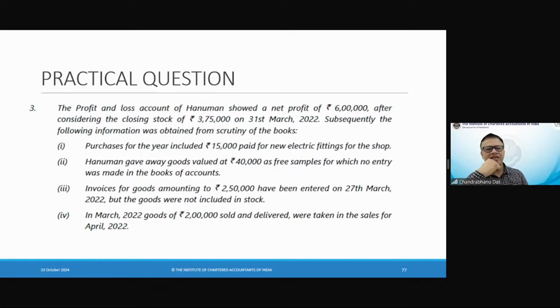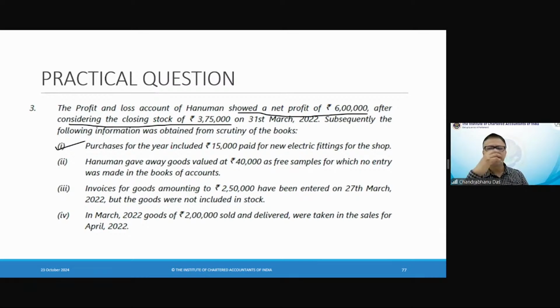But what happened? There was some information which needed the scrutiny of the books. What is this information? When you study the information in this type of question, the profit is given, but there is information which says that something wrong happened. So net profit is there, closing stock is given, but purchases for the year included 15,000, which was paid for new electric fittings.